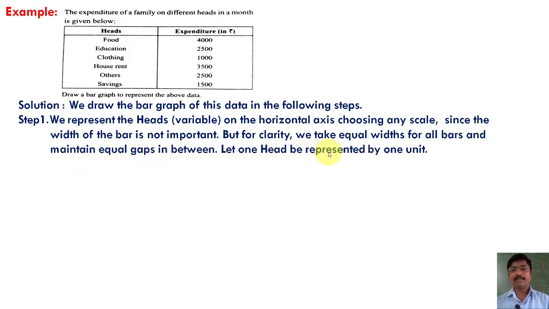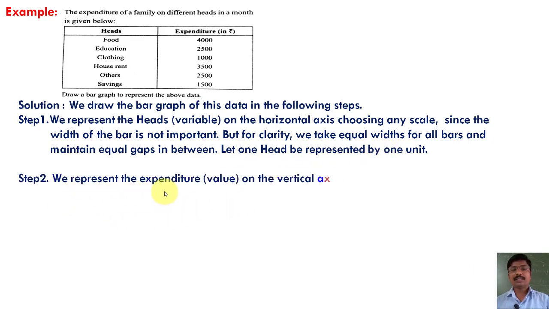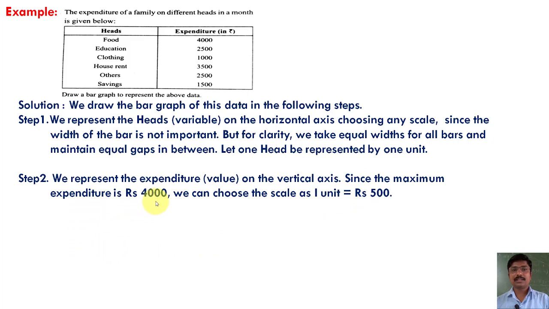Let one head be represented by 1 unit. Step 2. We represent the expenditure, that is the value, on the vertical axis. Since the maximum expenditure is rupees 4,000, we can choose the scale as 1 unit equals rupees 500.